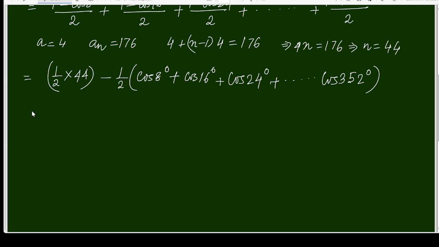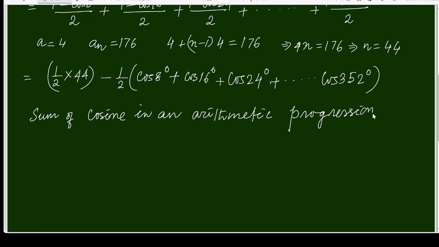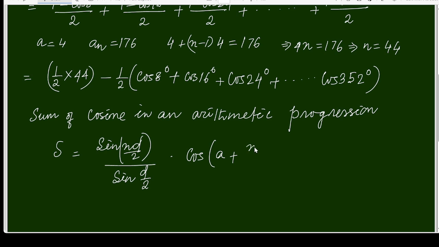You won't find this formula in many books. The sum of cosines in an arithmetic progression is equal to sine of n d by 2 over sine d by 2, multiplied by cos of a plus n minus 1 into d, whole divided by 2.